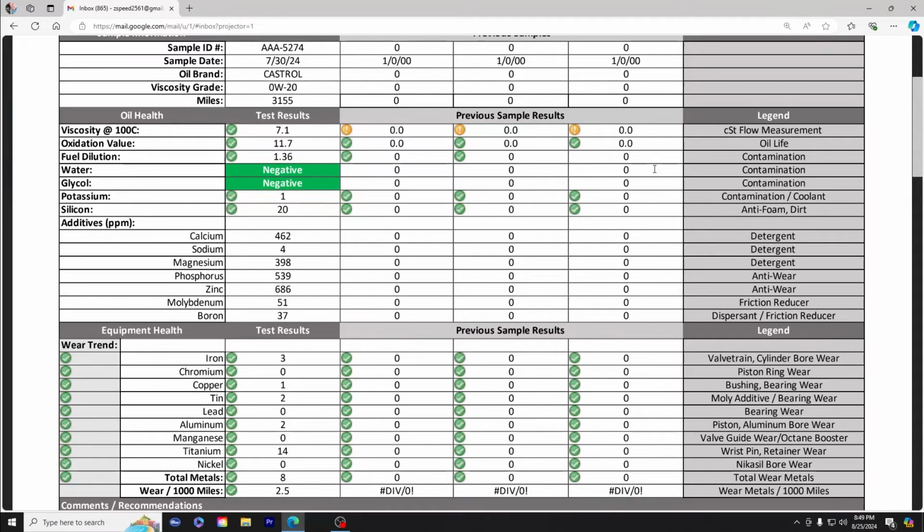Okay, the next value is the very important one we were looking for. It's the fuel dilution value. Mine's at 1.36. You're looking good there. I got a green check mark, but if it's over 2%, that's when you're going to start having issues. The more dilution you've got, the less protection you've got, and the more wear on your engine.